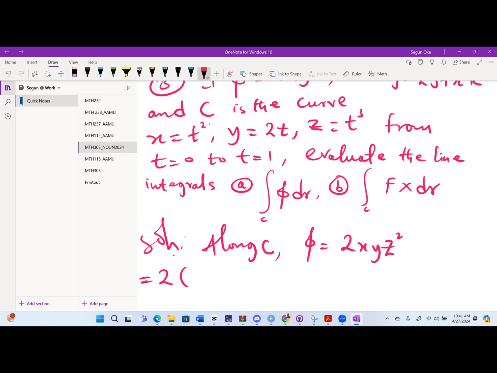Our x is t squared, then our y is 2t, then our z is t cubed all squared. So what do we have at the end of the day? We have 4t raised to power 9, because 6 plus 1 is 7, plus 2 is 9. t raised to power 9.